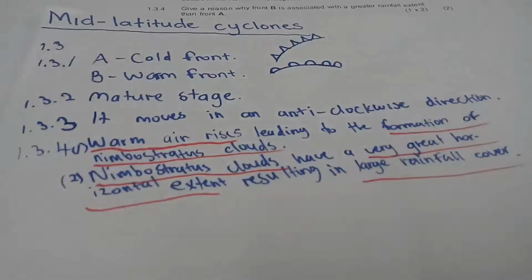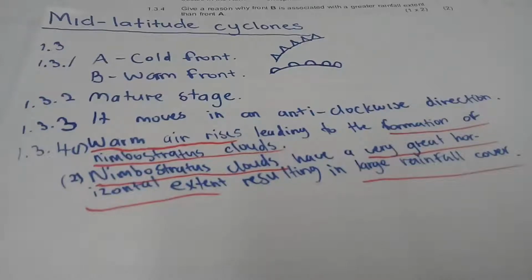So basically, as I said, warm air rises, it has humidity, leading to the formation of nimbostratus clouds under the warm front. As you saw in our annexure, behind the warm front, or in the warm sector, we have the clouds called nimbostratus clouds.